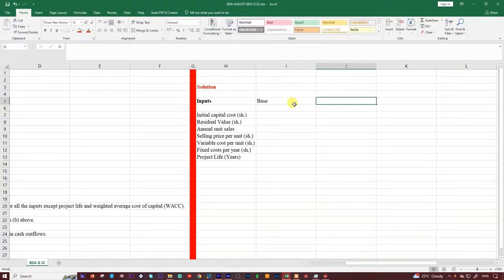And then towards the right, we're going to include a positive 5% initial cost. So we're going to have plus 5% initial cost.